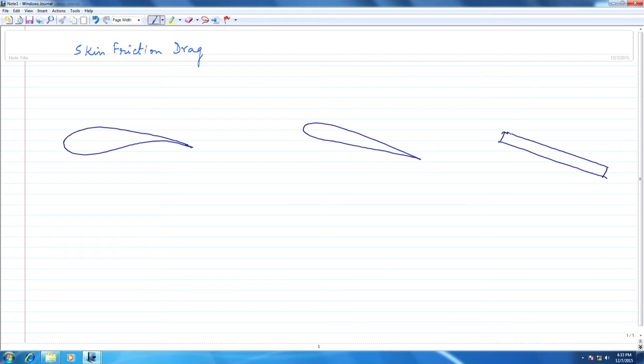So now these are basically three cases. What we basically have here is fluid moving this way. This is the free stream, in all the three cases. What I can do here is, for example, draw the pressure distribution.